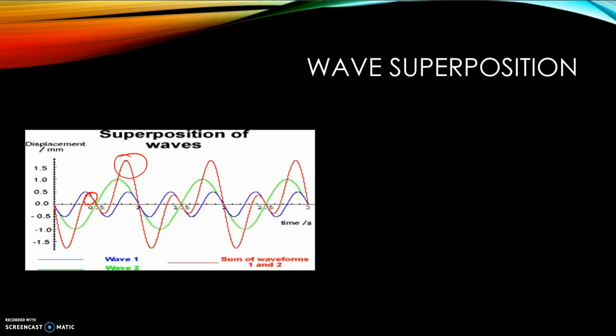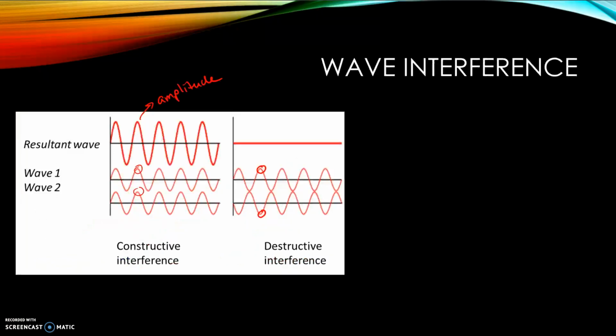And when they do that, you add the two waves together, and there'll be some parts that interfere destructively and cancel each other out, and other parts that interfere constructively. And so that's the phenomenon of interference, this constructive and destructive interference, this building up and canceling out of waves.